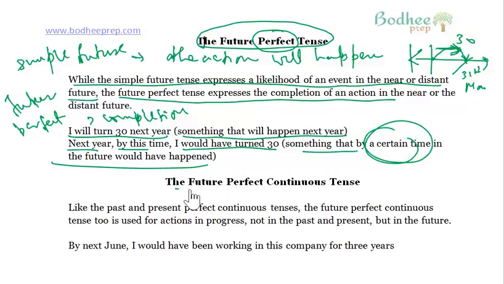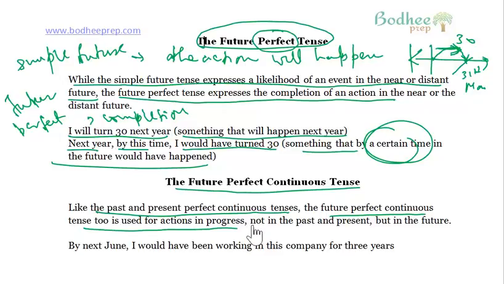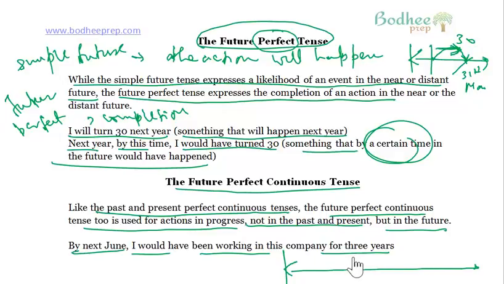The future perfect continuous tense, on the other hand, speaks about the progress, right? Like the past and the present perfect continuous tenses, the future perfect continuous tense too is used for actions in progress, not in the past and present but in the future. By next June I would have been working in this company for 3 years. So what you say here basically is that this is the present moment.